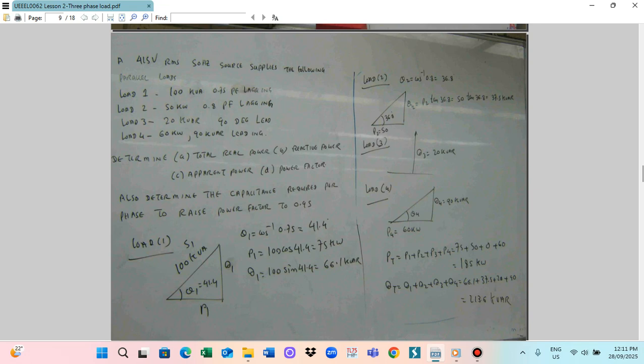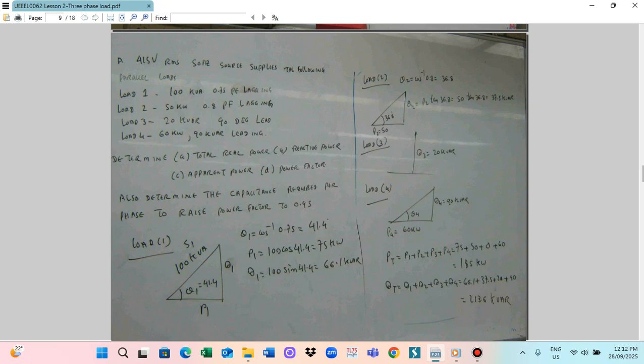And also the load 3. Load 3 is 20 kVA and 90 degrees angle leading. So this is only this one, this is the Q3, 20 kVAR. And load 4 is 60 kilowatt and 90 kVAR leading.